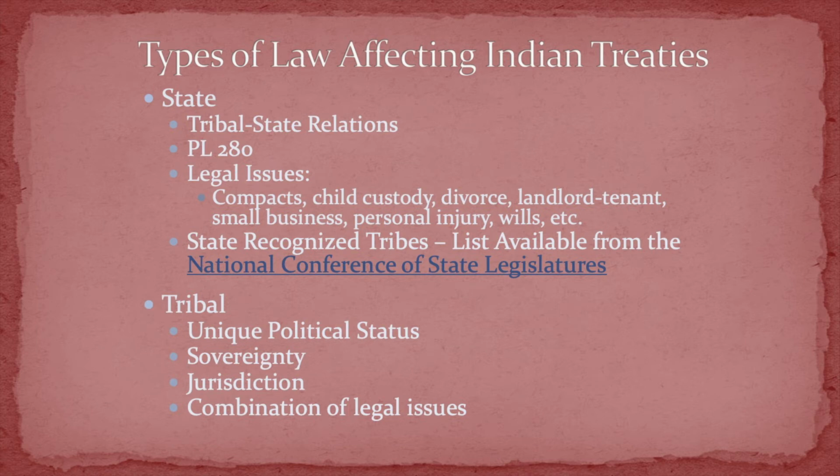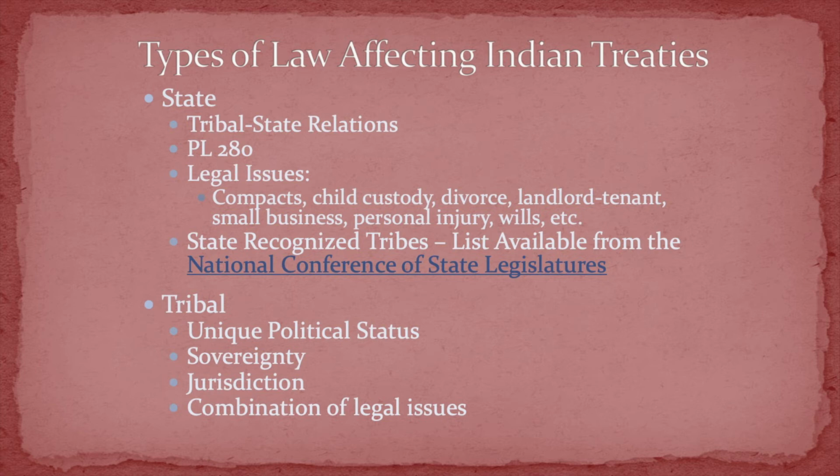Well, how can that be if the federal government is supposed to be the buffer, the mediator, the trustee for tribes? Well, there is state law that is in play. And it's in play because the federal government has passed statutes to put it in play.